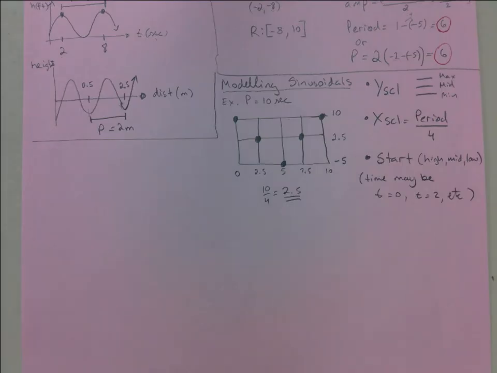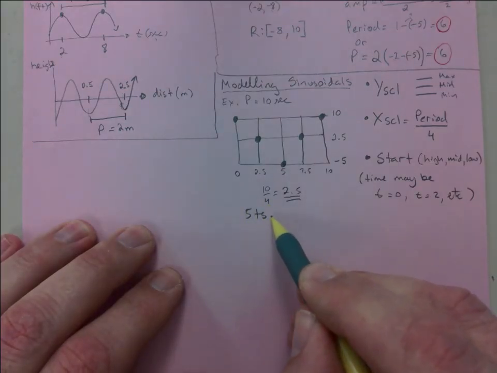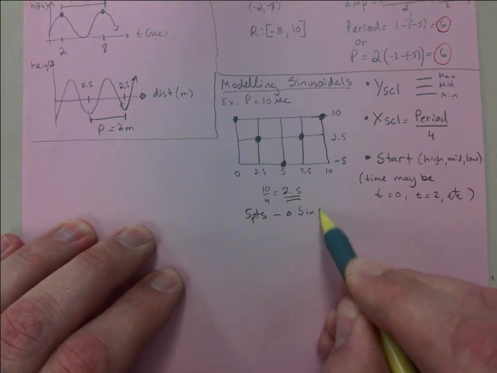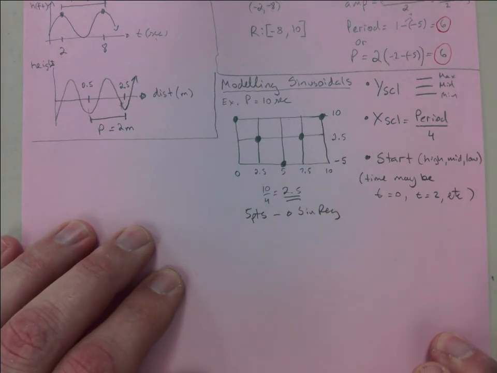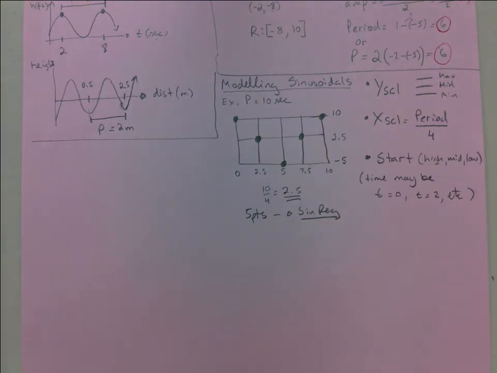One period. If you skip, it's not going to work. It can't do it, okay? Go figure, right? And so this is one cycle. 5 points for sine reg, right? Please use sine reg, not anything else.